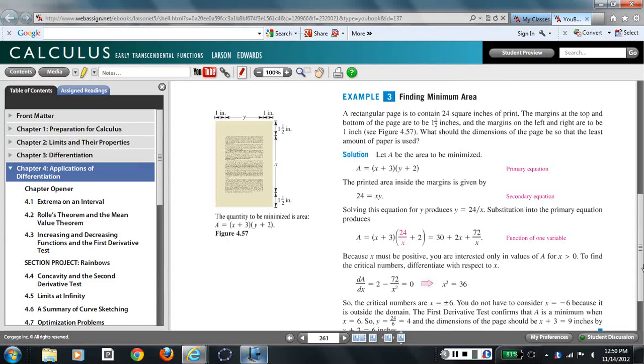Dimensions of the page. So should it be 8.5 by 11? Will that do it? I don't know. That may not do what we need it to do, because we have to have 24 square inches of print, and then margins above and below.